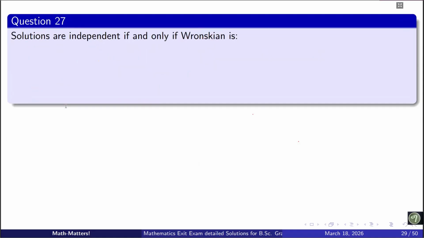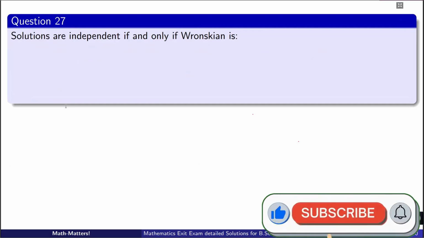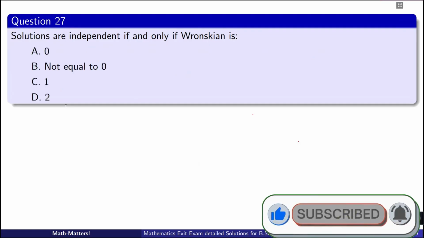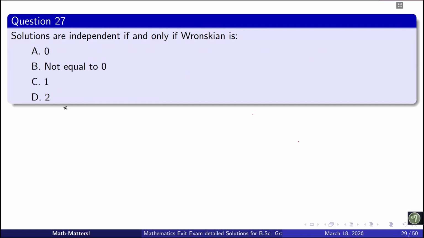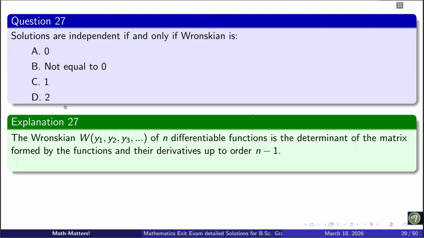Next, solutions are independent if and only if the Wronskian is not equal to 0. What is the Wronskian first? We know that the Wronskian W of y1, y2, y3 of any differentiable functions is the determinant of the matrix formed by the functions and their derivatives up to order n minus 1, if we have n differentiable functions.